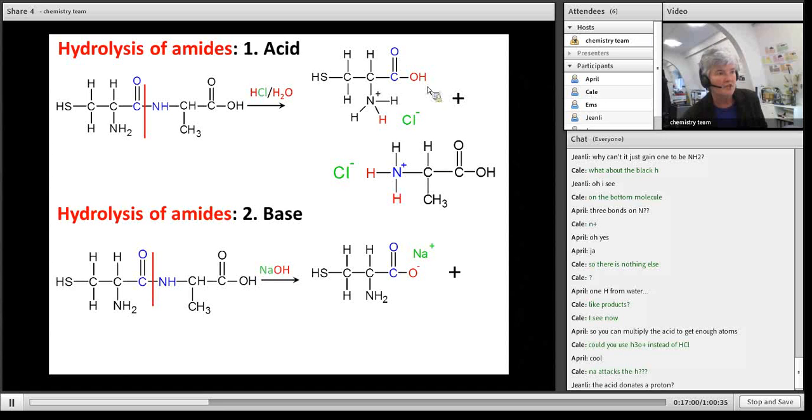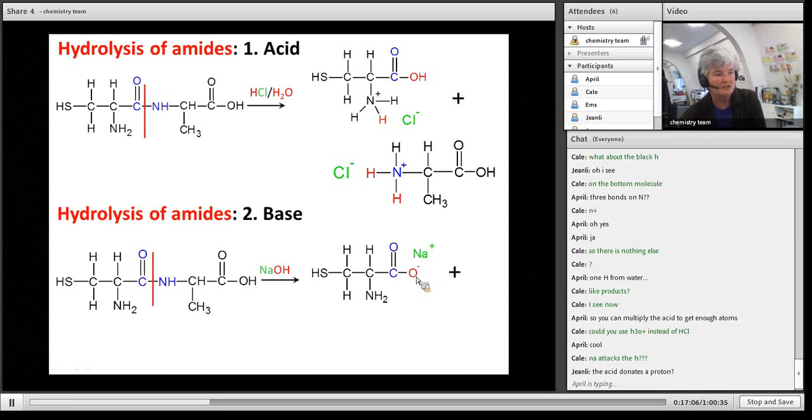So that H gets donated, and so I get just the salt formed. A good thing to remember is if you're doing an acid or base hydrolysis, you're always going to form a salt. Okay, and then there's your other one.